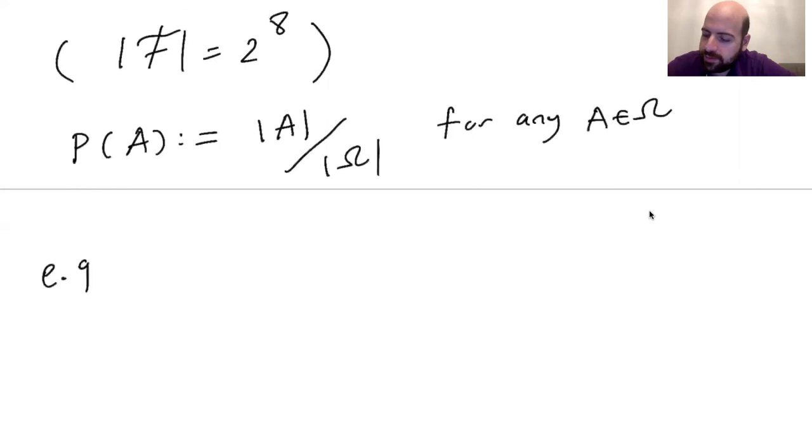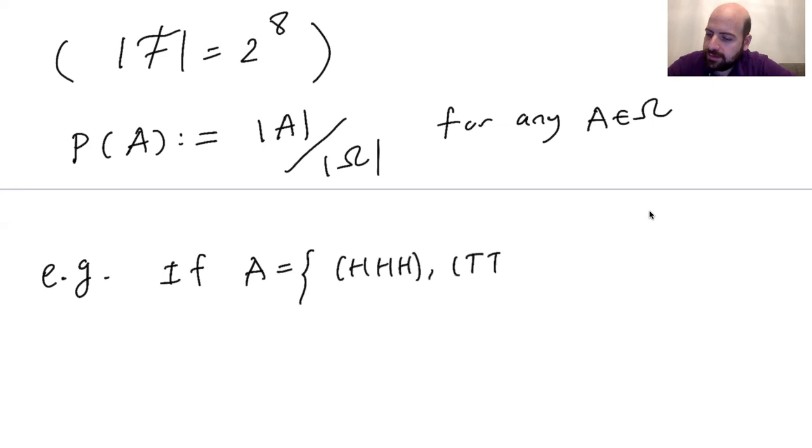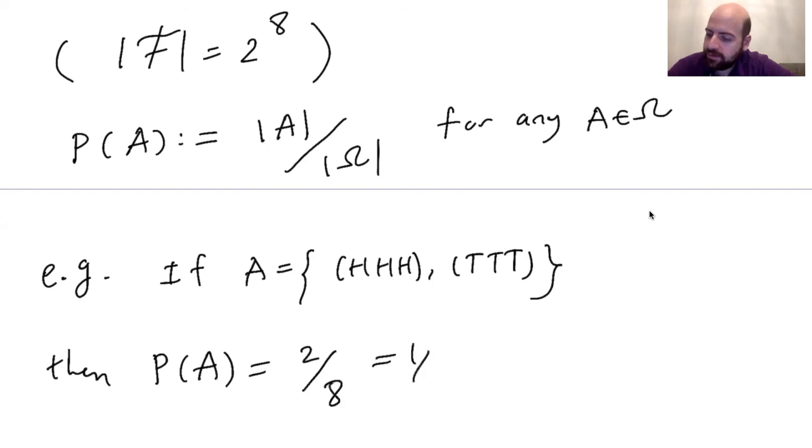So for example, if A is, let's say, head, head, head and tail, tail, tail, then P of A is equal to the number of elements of A, which is 2, divided by the number of elements of omega, which is 8, or 1 over 4.